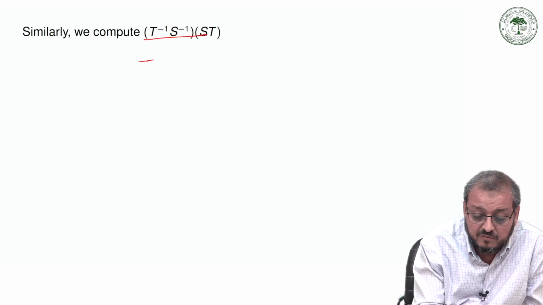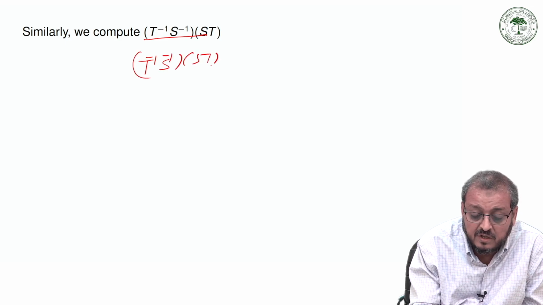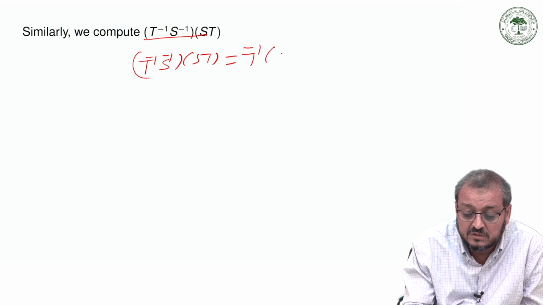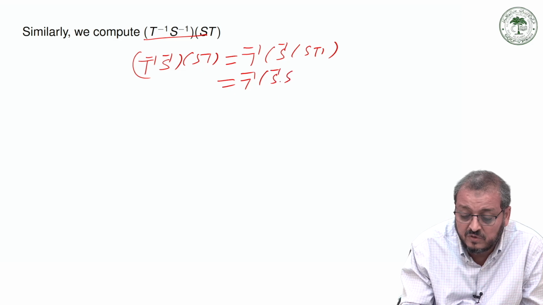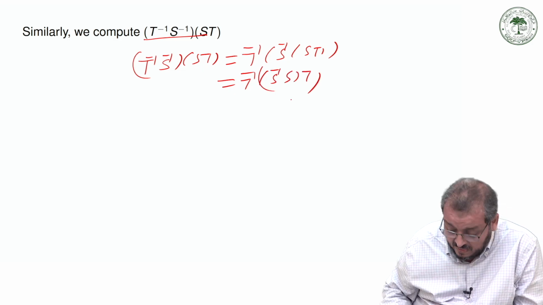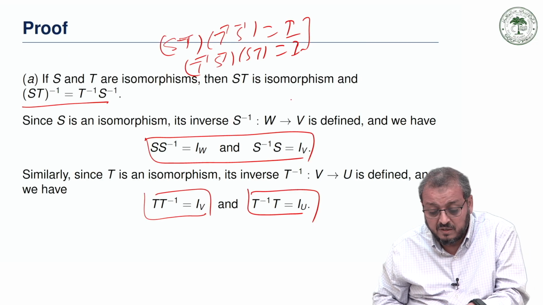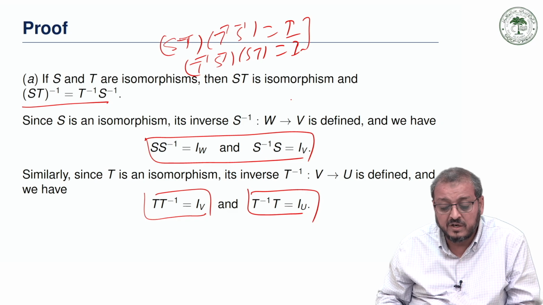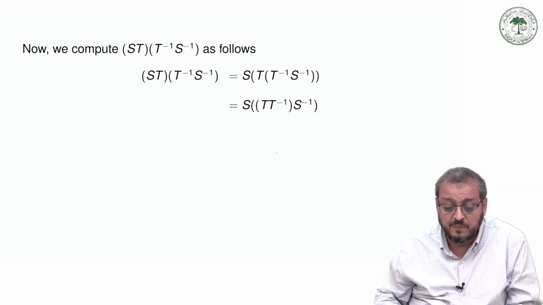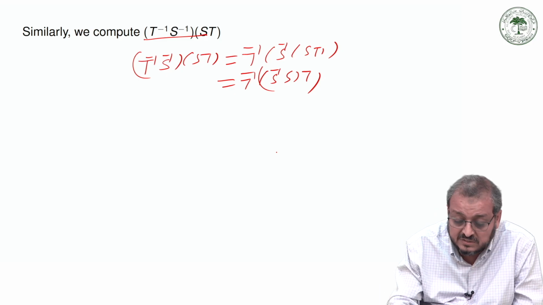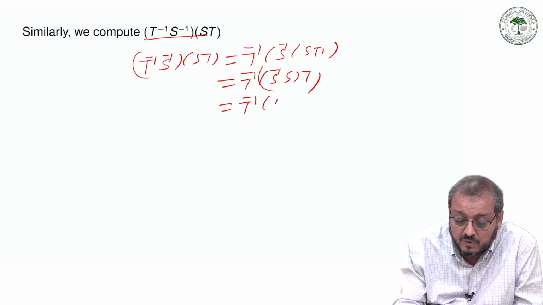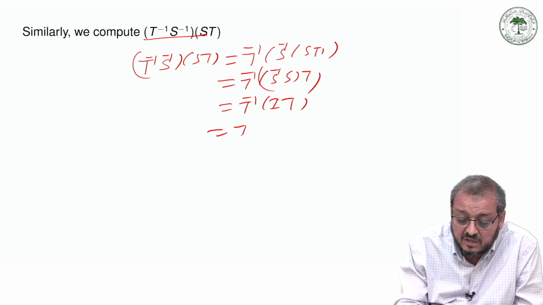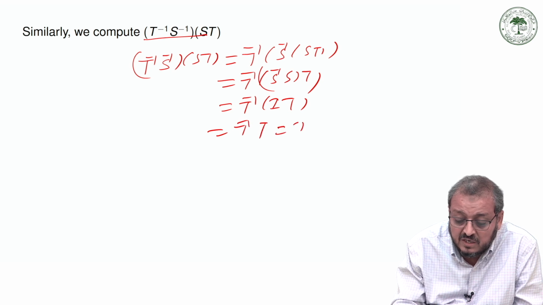So we write it in the form of T inverse S inverse S T. This can be written as T inverse S inverse S T. Now you know that T T inverse is equal to the identity of U, and S inverse S is equal to the identity of V. So T inverse S inverse S is the identity, so T inverse times the identity times T, and then we can say that T inverse T is the identity of V.